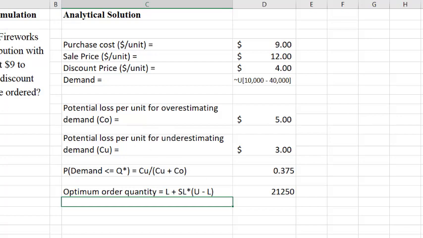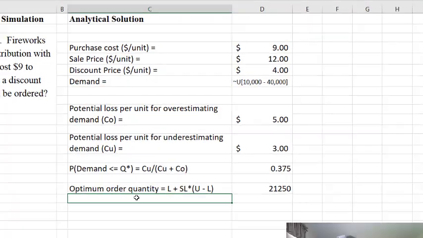In other words, the vendor, in order to maximize profits per period, should order 21,250 units. This approach is called the analytical approach to the single period inventory model.